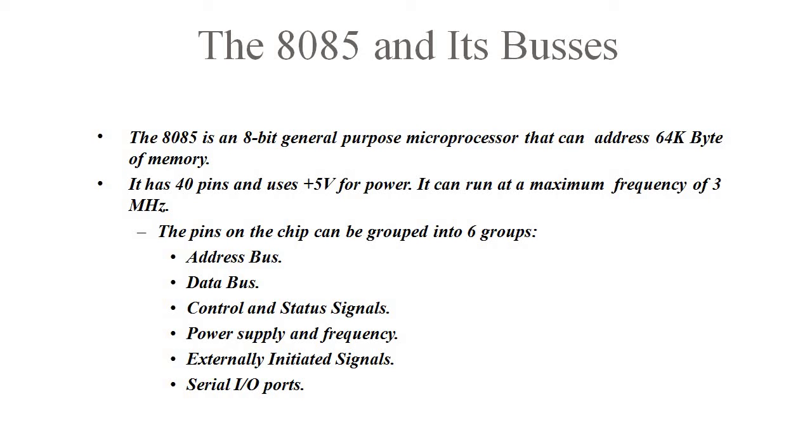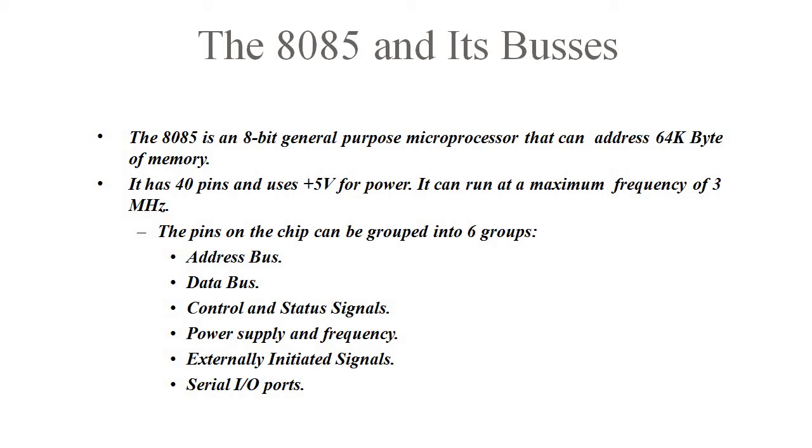Then let us see 8085 and its various buses. The 8085 is an 8-bit general purpose microprocessor that can address 64 kilobytes of memory. It has 40 pins and uses plus 5 volt for power. It can run at a maximum frequency of 3 megahertz.